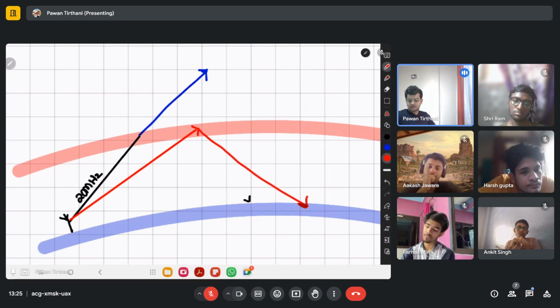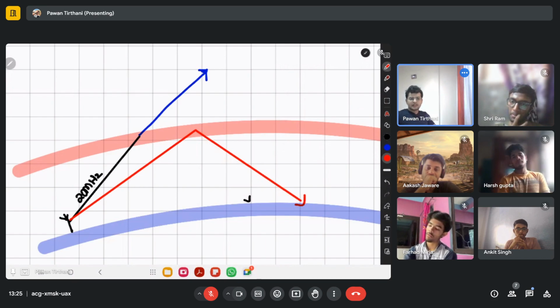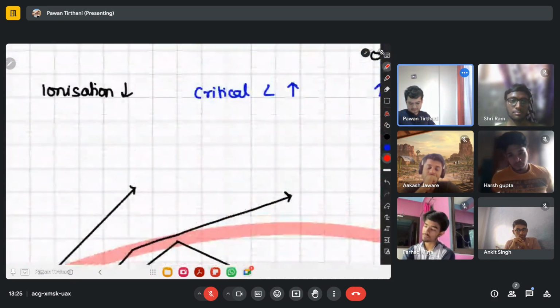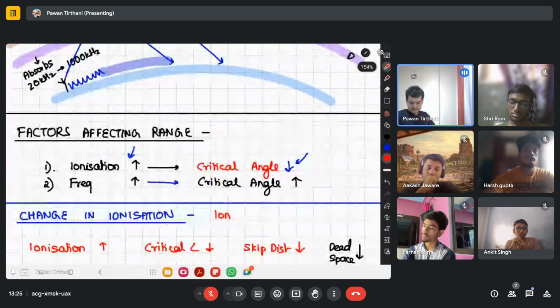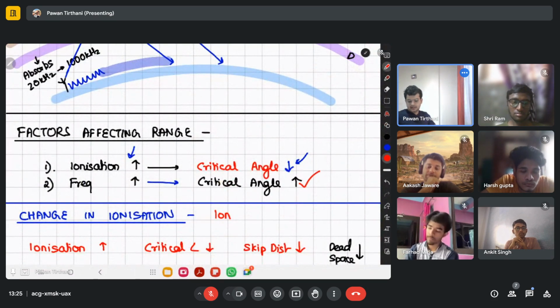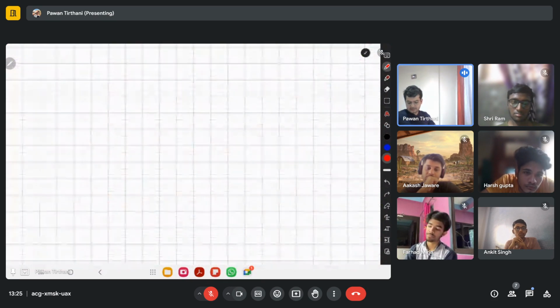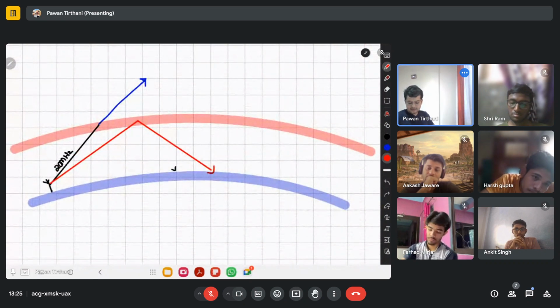Only then it will be able to come back. So whenever the frequency has increased, the critical angle has increased. And because of this, what will happen to the distances? Earlier the distance was this much, the distance has now increased. Agreed? Any doubts?